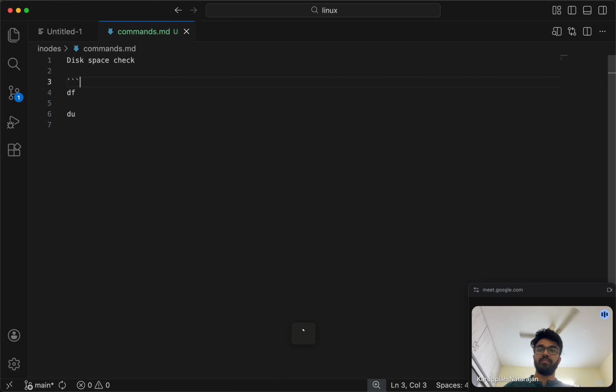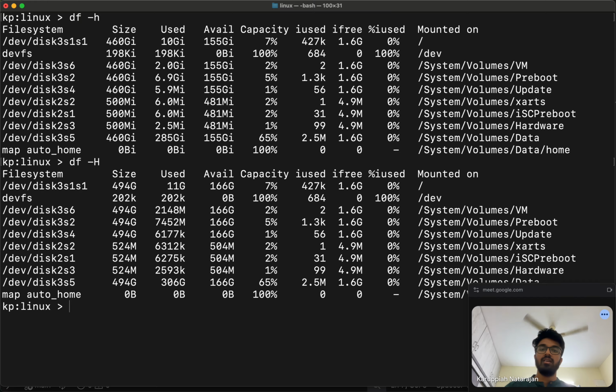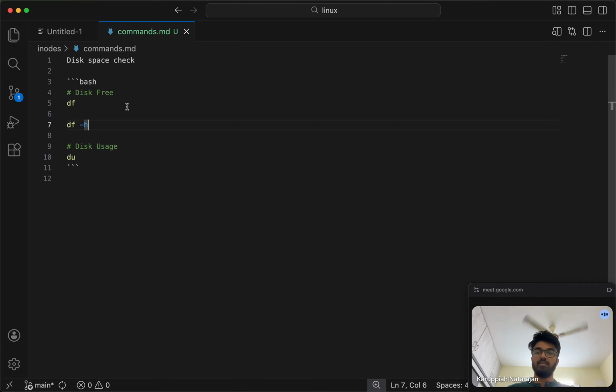So just say bash, and this is disk free, and this is disk usage, right? You can do something like df -h, or df -H, capital H. Both have some meanings.